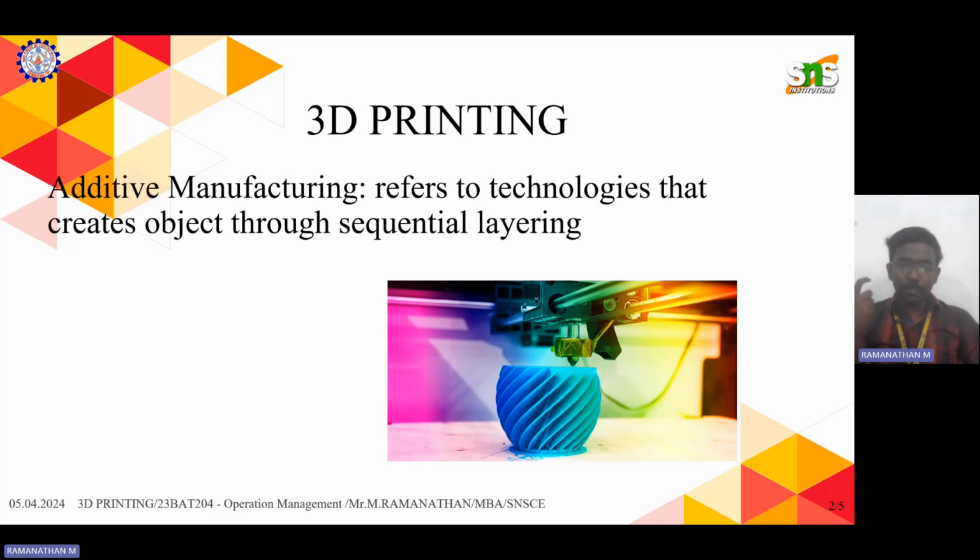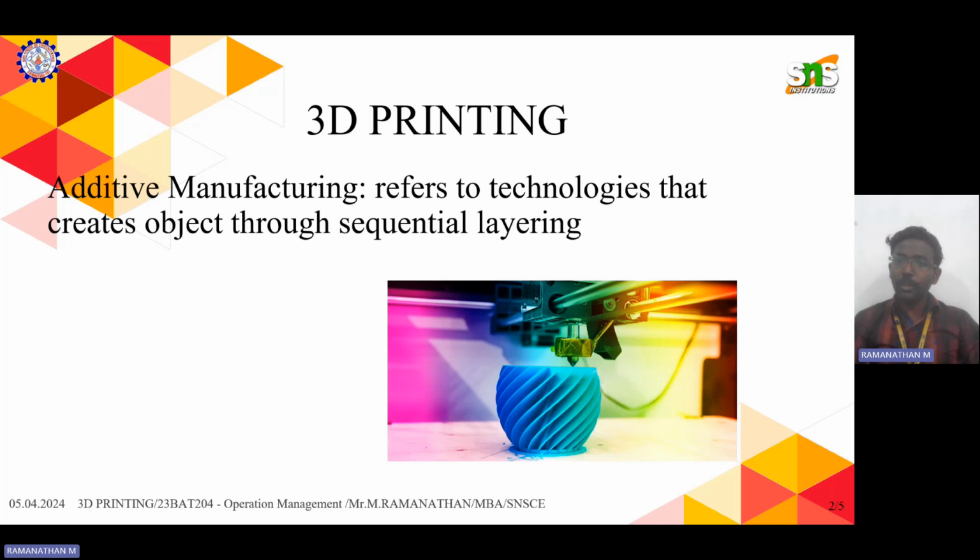If you look at the image itself, you can see there is a 3D machine where the liquid or the material has to be loaded. It may be plastic or a kind of nylon and so on, whatever material it may be. You have to upload the design in the software.